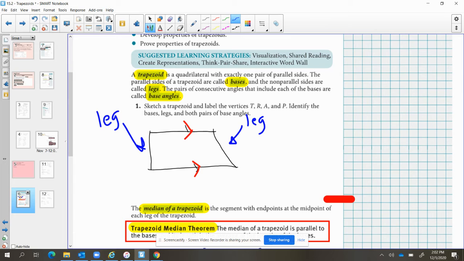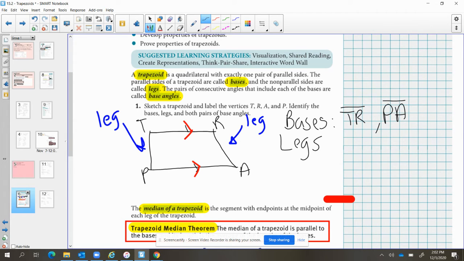And the consecutive angles are going to be called our base angles. In this case, if we call this TRAP, we have bases of TR and PA, two parallel sides. And again, the legs are TP and RA.